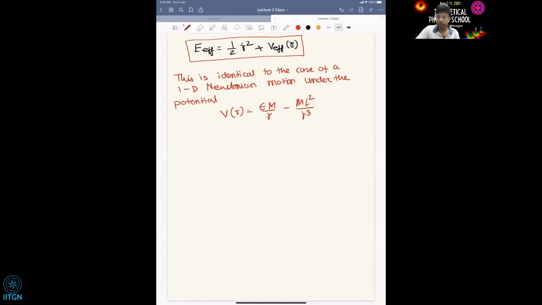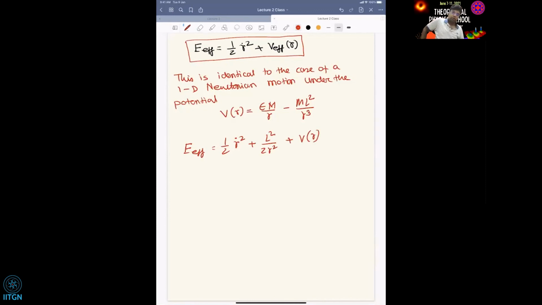So what we have found is the equation E effective equal to half r dot square. There is no m in front of r dot square; this m is set to unity. This particle is a unit mass particle. Plus epsilon m by r, no, let me write down this part first: L square by 2r square, and then the part V of r.